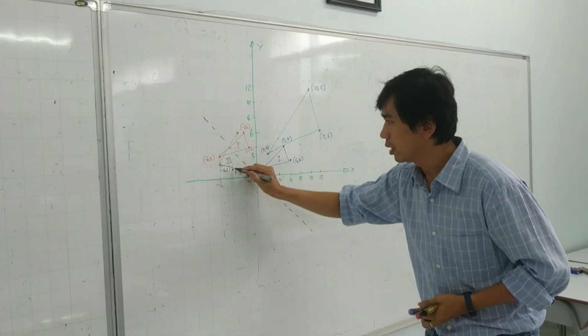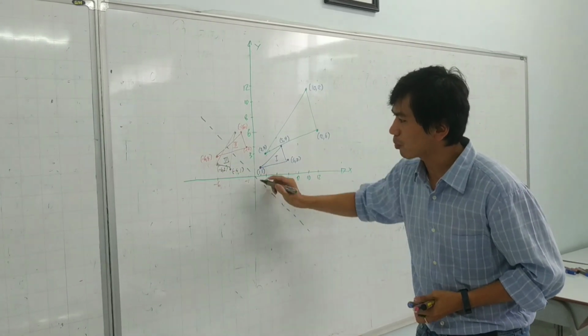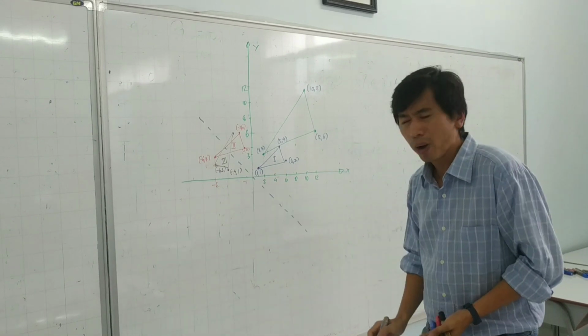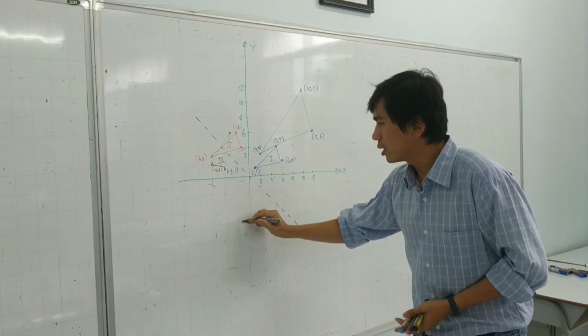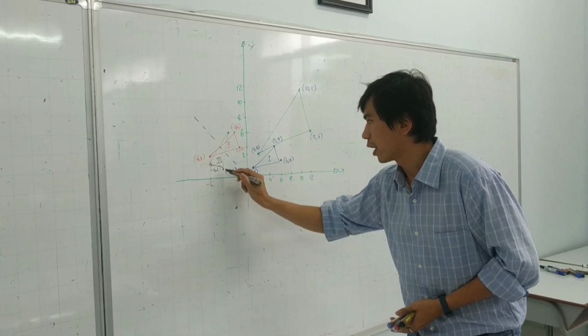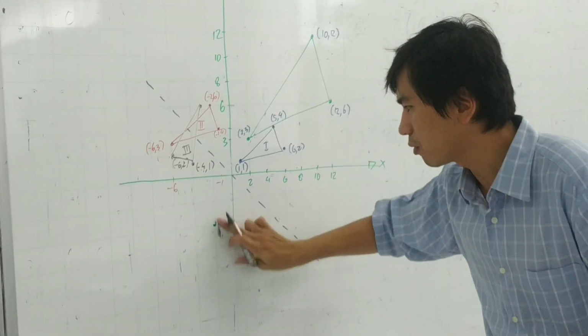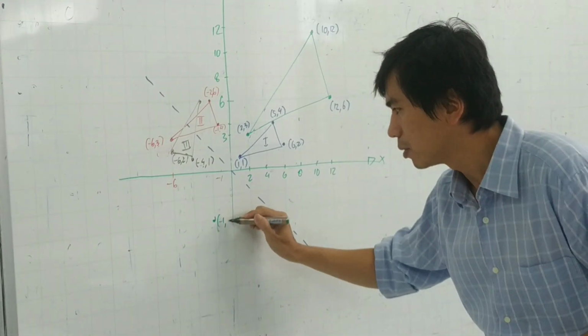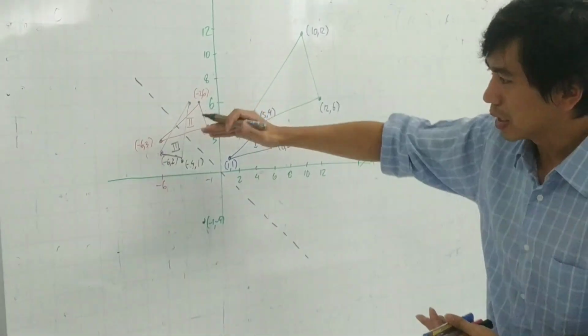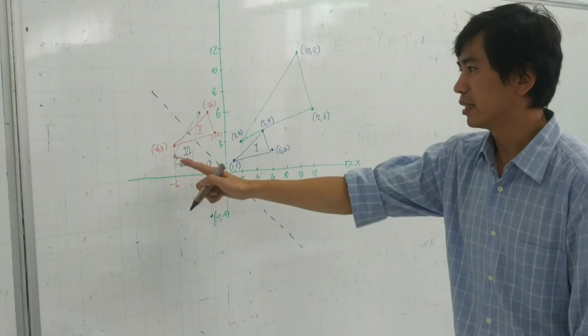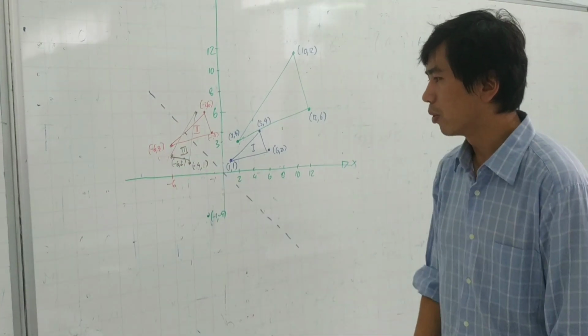Consider that it has a pivot point at 0. Negative 4, 1 will be 1, negative 4. Negative 1, negative 4, because that is 90 degrees.